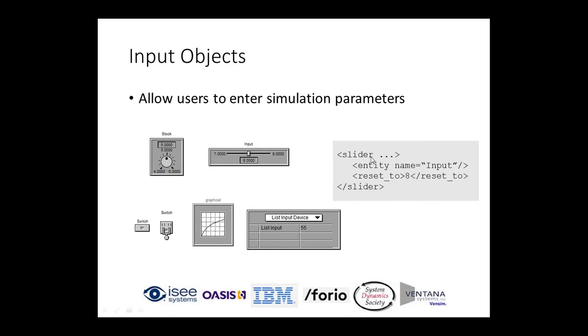So we say this slider refers to, takes its value from, sets its value to the entity named input. And then we have this reset to tag, which allows us to change the value of the slider of the entity back to a particular value after a certain condition. So you can reset to after a time step, after a DT, after a simulation run.